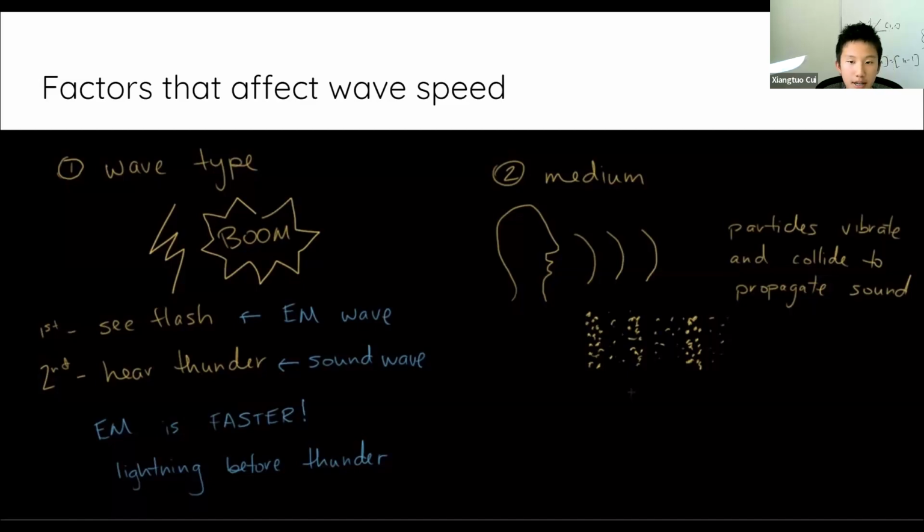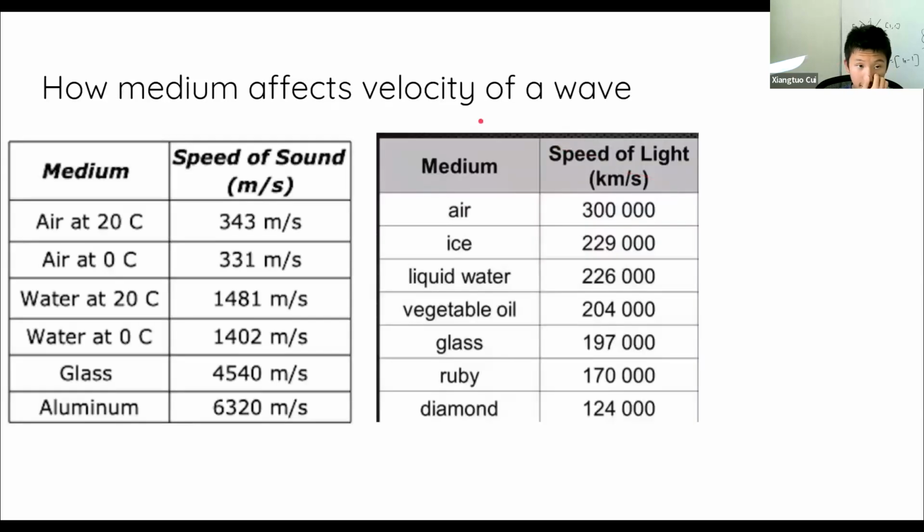It is a type of medium. And in the next slide, I'll focus more on how we can calculate a new wave speed when we know the medium. So this is just going more in depth into how medium can affect the velocity of a wave.